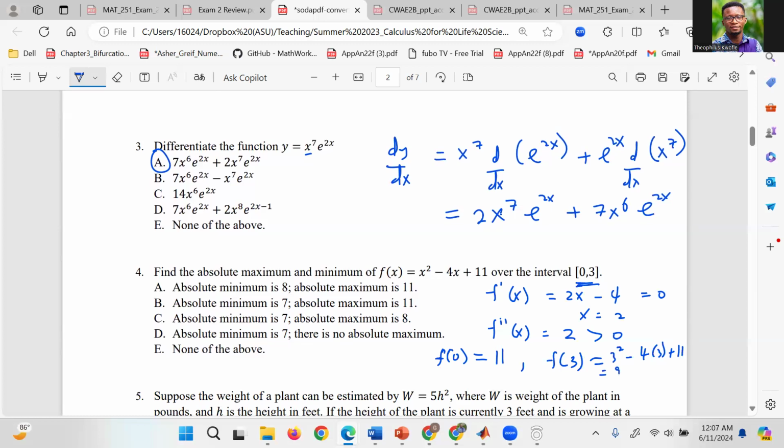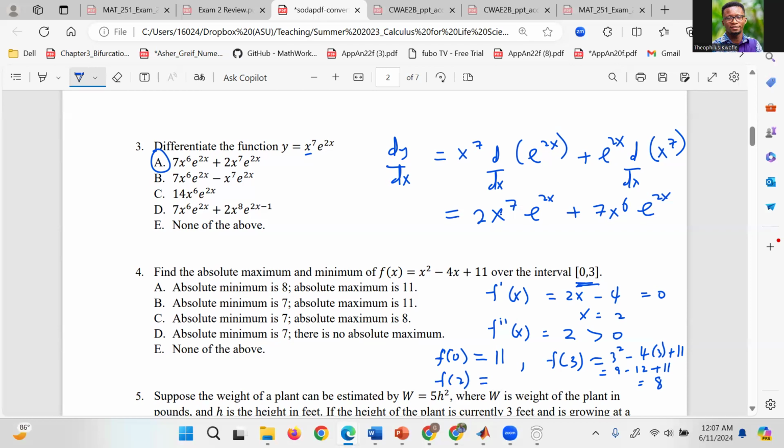That should give us 9 minus 12 plus 11. So 9 minus 12 will give us minus 3, and minus 3 plus 11 should give us 8, right? Now we also have to find f of 2.